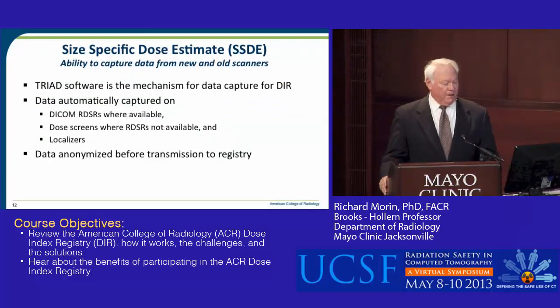Next slide. The other item is the size-specific dose estimate. The way this works is that, in addition to the dose index data, the localizer, either the AP localizer or the lateral or both, are also sent to the DIR. And then from that, the data are automatically sized so that we can calculate the SSDE.